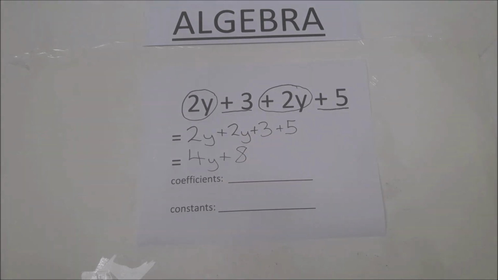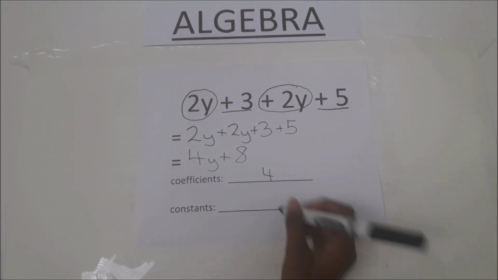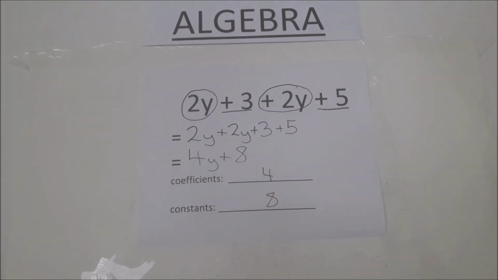Okay, from the answer, what are the coefficients? 4. Yeah, from the answer, the coefficient is 4. And the constant, there will be one constant. +8. The 8, okay. So that's just looking at the coefficient from 4y plus 8 would be 4.